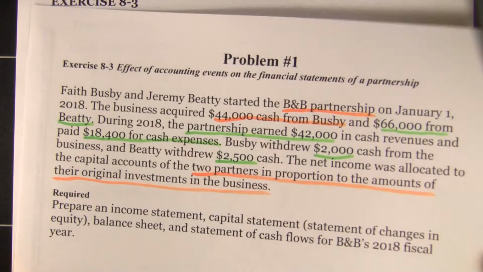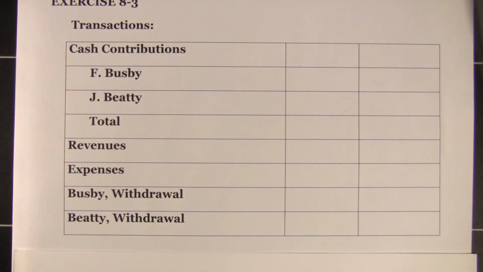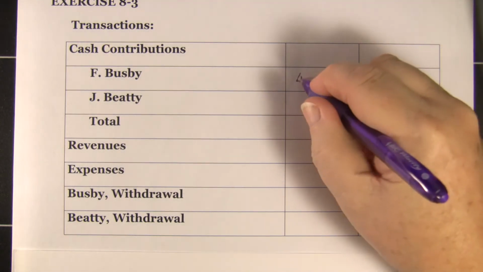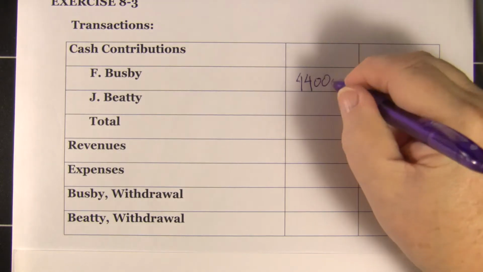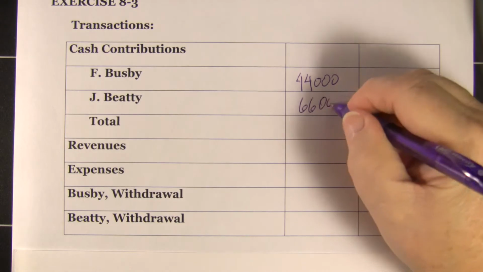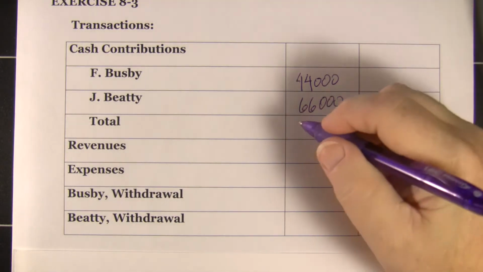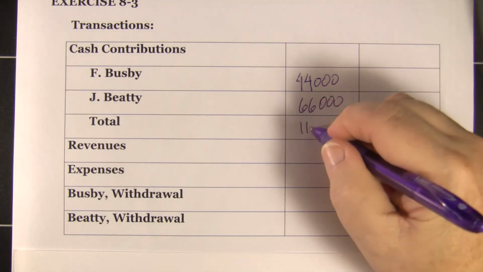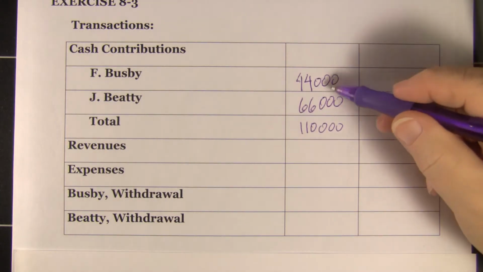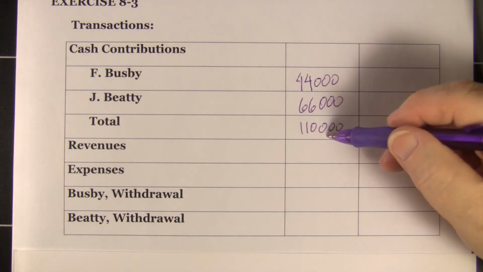So let's take a look at the cash contributions first so we get an idea of the percentage. So Busby put in $44,000. Beatty put in $66,000. That's a total of $110,000. So 44 over 110, that's 40%.